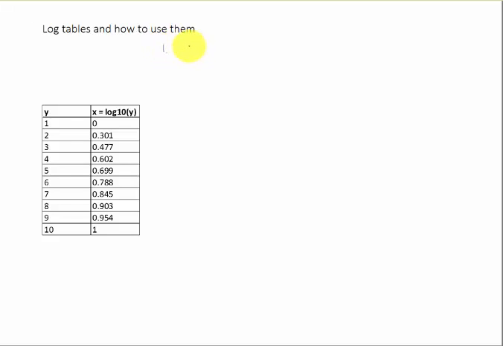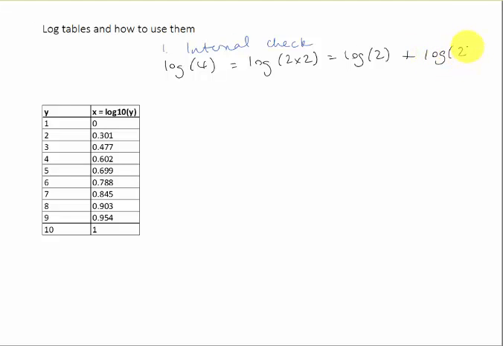First of all, let's do a little internal check. We're going to be using those laws of logarithms we just discussed to do what we like with these numbers, to manipulate them. Let's check that everything's alright. The log of 4 is equal to, we know, the log of 2 times 2, so that's the log of 2 plus the log of 2.